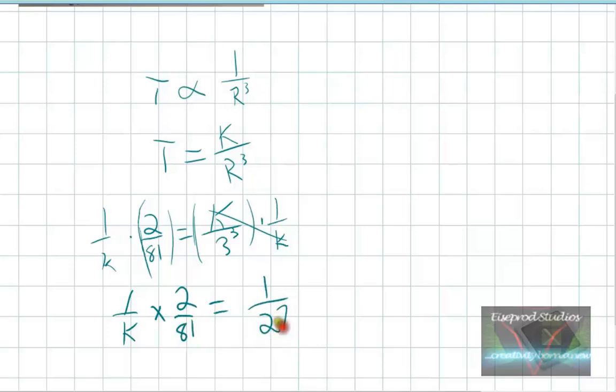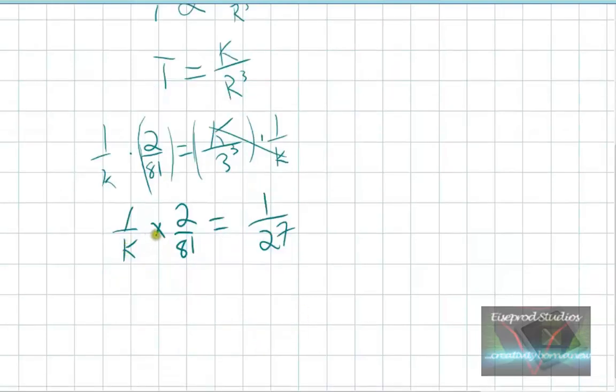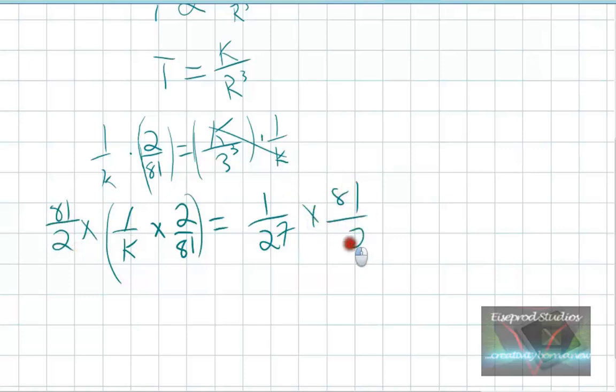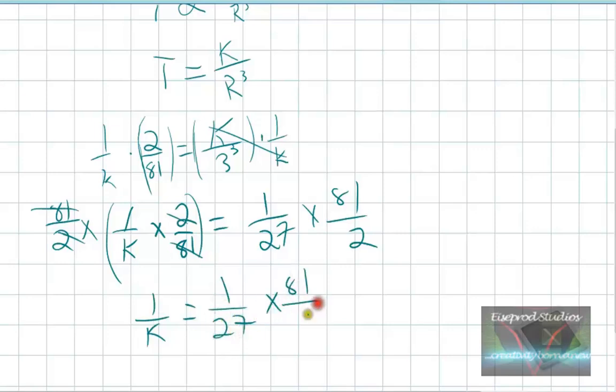which is 27. I'm going to take 2 over 81 and I'm going to put it over here, and the way that I'm going to do that is I'm going to say times 81 over 2. So then this would cancel, and I'm left with 1 over k is equal to 1 over 27 times 81 over 2.